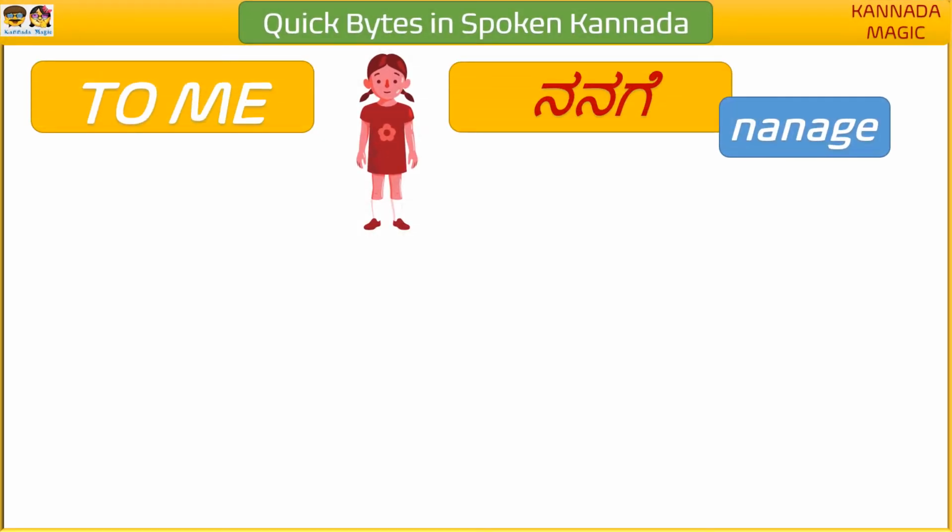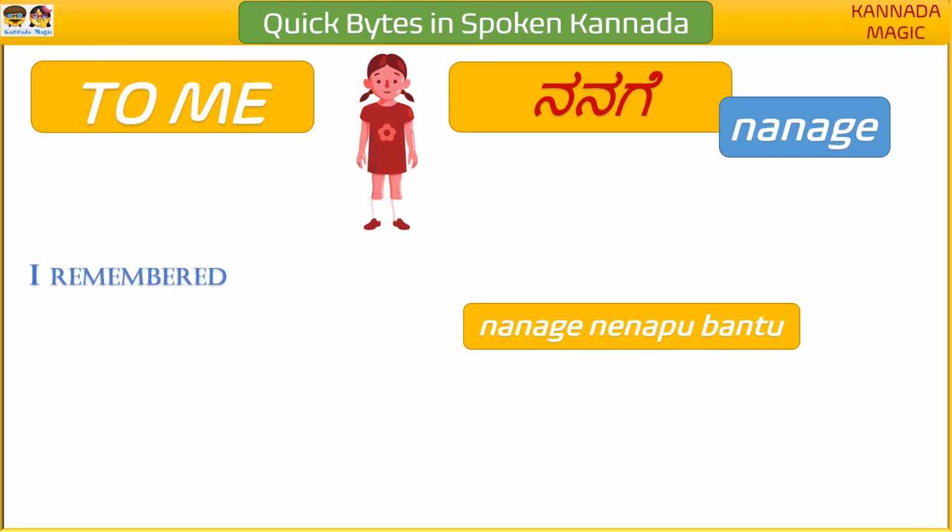Let's make your understanding perfect with some more examples of the word nanage. I remembered. Nanage nenapu bantu. You can repeat after me. Nanage nenapu bantu means I remembered. Next one.